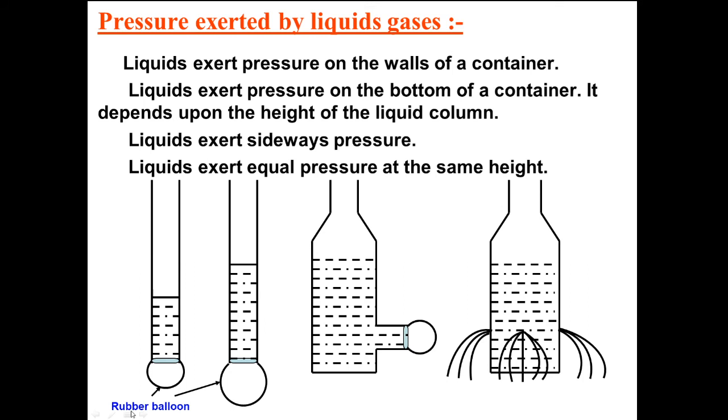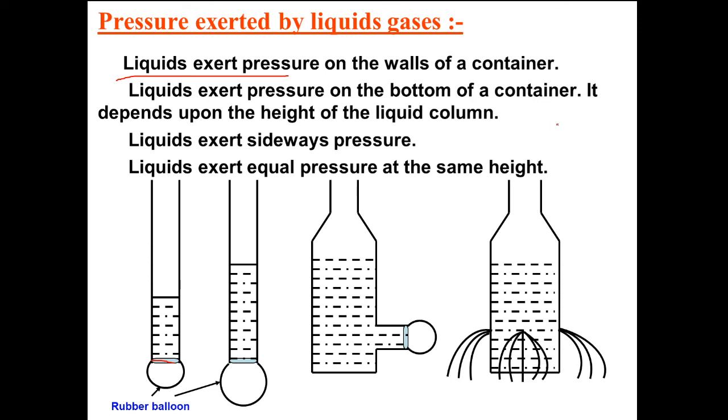Now the pressure exerted by liquids and gases. A liquid also exerts pressure on the wall of a container and on the bottom of a container. Liquid pressure depends on three things.